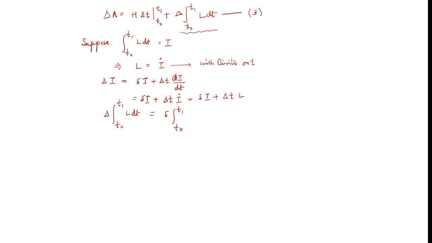So I will have the integral of L dt plus L delta T with limits t0 to t1. Now in this expression 4, I'll calculate this variation of the Lagrangian.